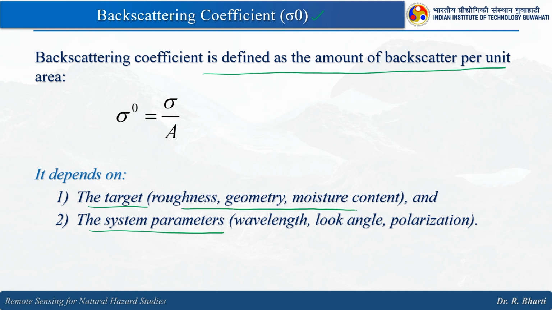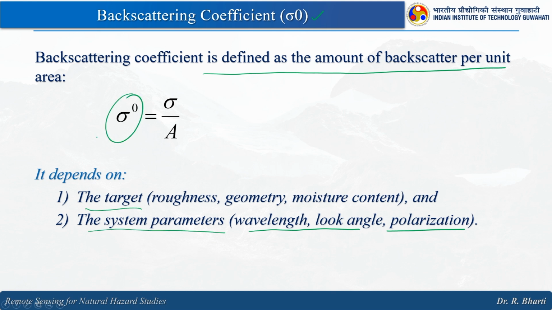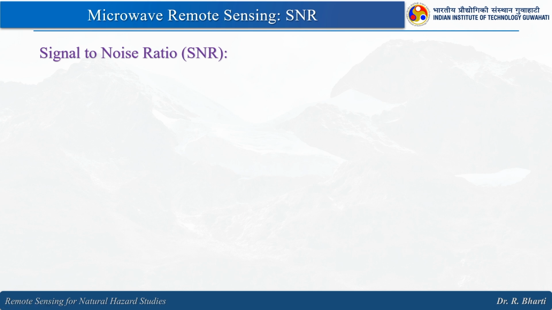Roughness, geometry and moisture content control the target parameters, while wavelength, look angle and polarization, remember HH, HV, VV or VH, like polarization or cross polarization, define the system. Those control this sigma naught value.